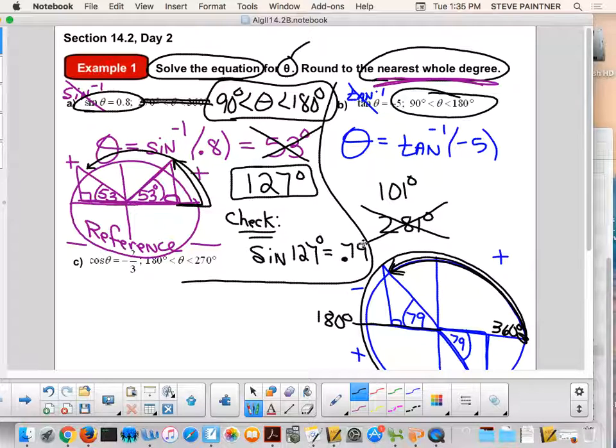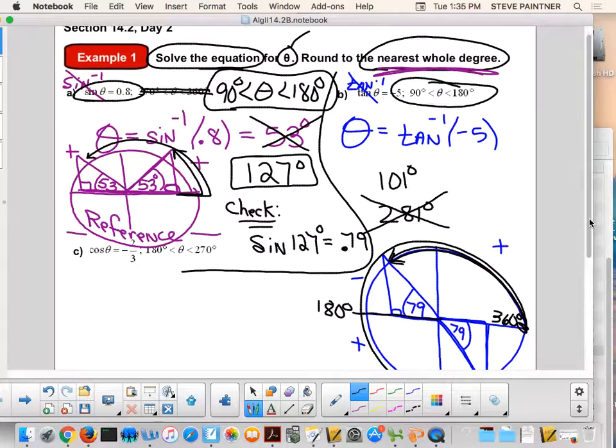Why would they want this one? The calculator is pretty much telling you the answer. They want the other one. How do you know you're right? What's tangent of 101? Is it -5? And guys, it's not going to be perfect. It's going to be super close to -5. It should be.